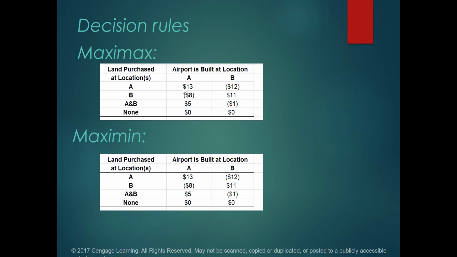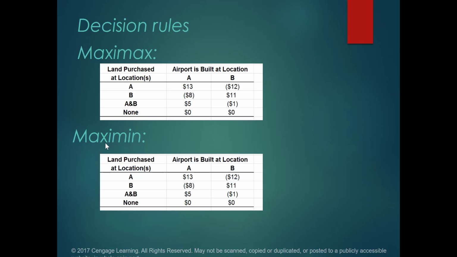So maximum of A is 13, maximum of this is 11, maximum of this 5, and the maximum of this 0. So we have a column on the matrix here, 13, 11, 5, and 0, and 13 is the max of this. So based on the maximax rule, alternative A is the best alternative.